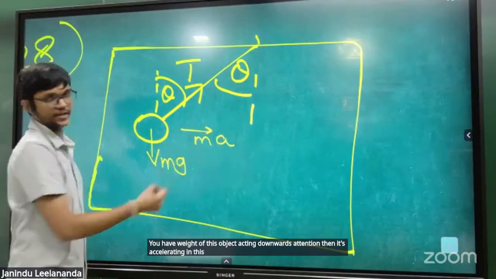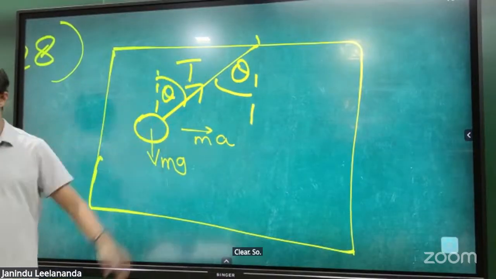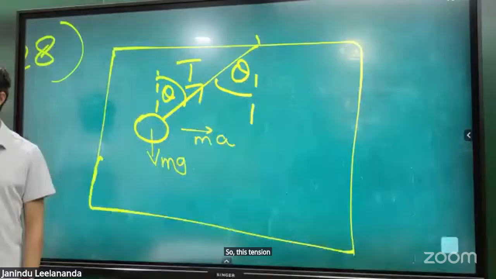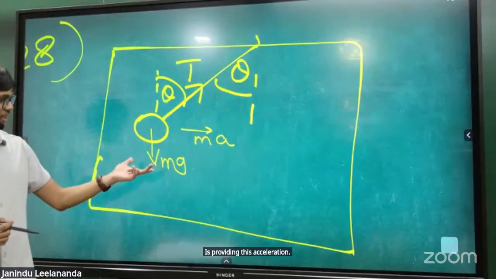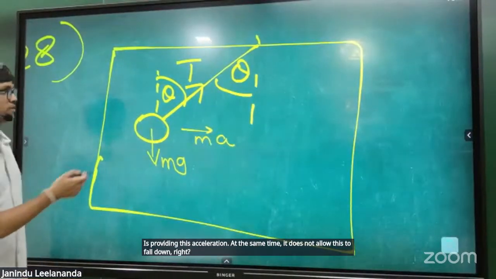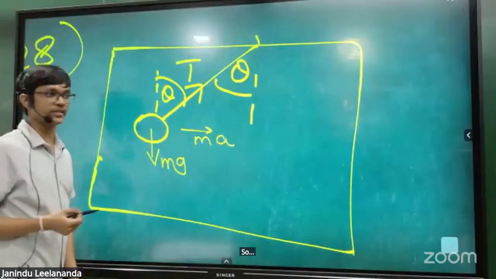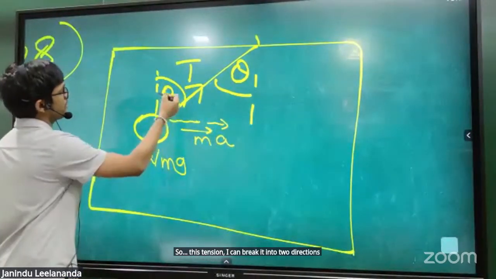F equals ma. So this tension is providing this acceleration, and at the same time it doesn't allow this to fall down, right? So I can break this tension into two directions.